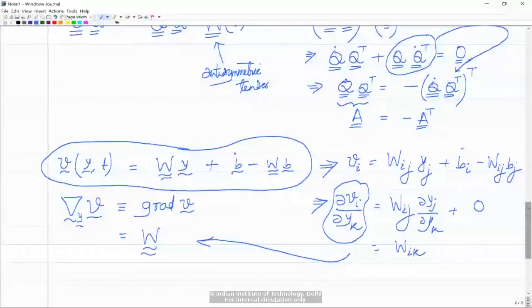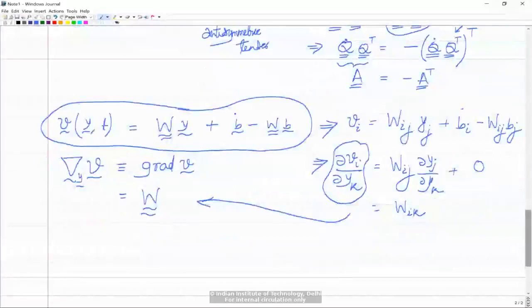Actually, it turns out this big W has an interesting property. Can anyone tell me what is this W? It's obviously antisymmetric, but what physical property does it have? Can you recall that if W is an antisymmetric tensor, then W times Y can be written as a kind of cross product.